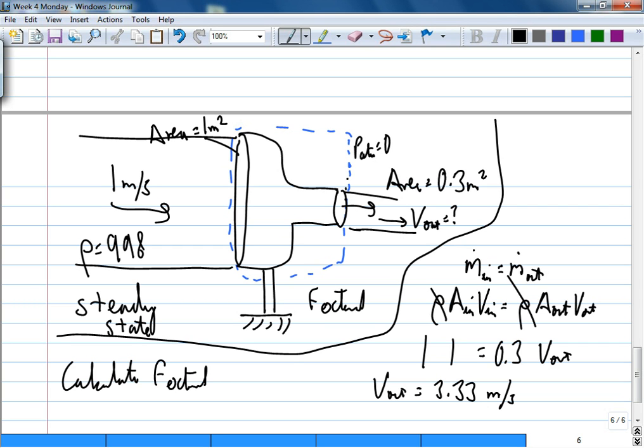On the outside here, remember this control volume must be a box, and this is the positive X direction. The pressure here maybe 100 kPa. The pressure here, I'm just guessing; later on we can actually calculate the pressure using Bernoulli's equation, but I'll just guess 200 kPa, for example.